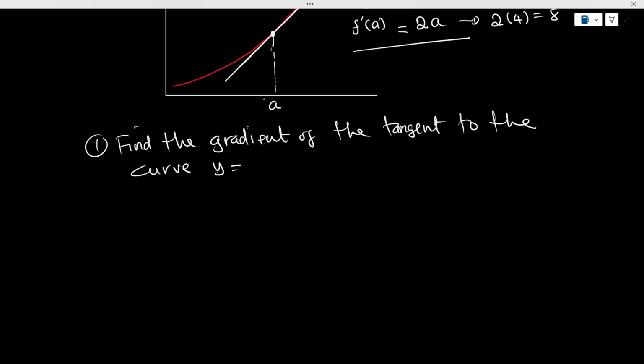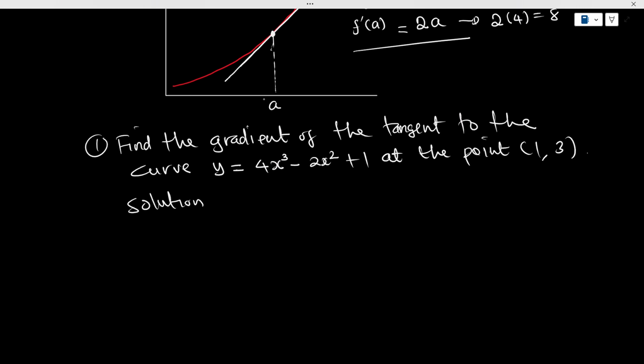We have this curve here, which is provided by this function 4x cubed minus 2x squared plus 1, at the point (1, 3). Solution. This is how we're going to do it.